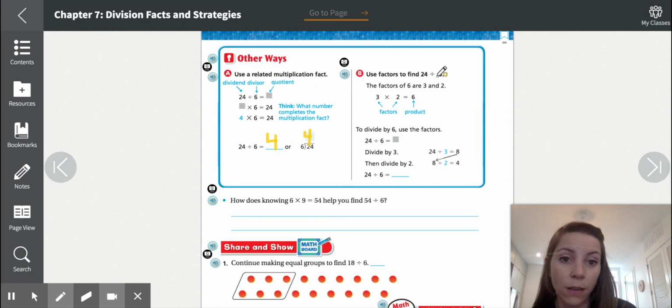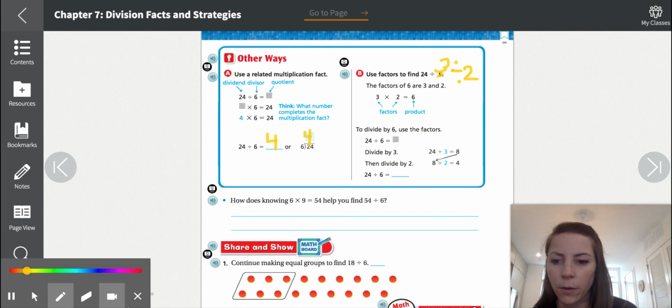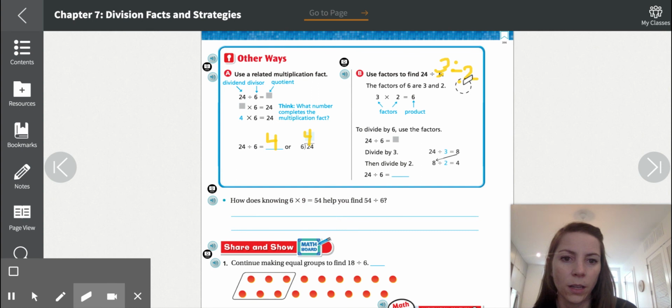So instead of by 6, we're going to divide it by 3, and then we're going to divide it by 2, okay? Let's not write it like that because that looks confusing.